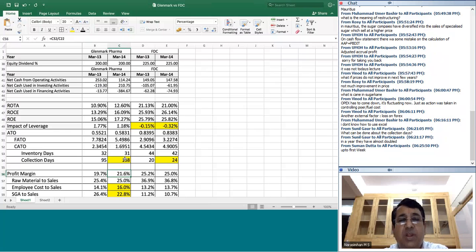So this would be an extraordinary reason. We need to figure out whether such a thing is happening on the collection days. Why suddenly is 95, itself a large number, gone to 168 days? That's why there is a lot of concern about the collection efficiency.